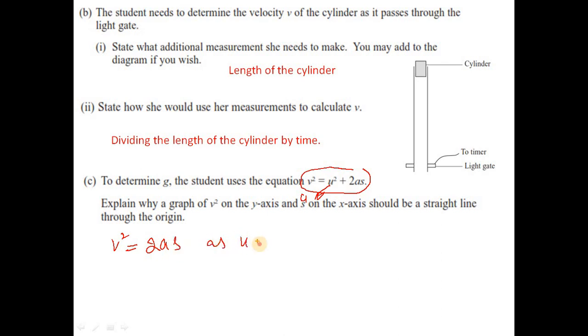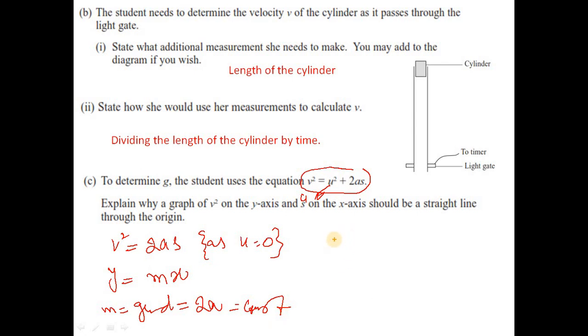Then you can compare this equation with y equal to mx, where m is the gradient of the line. In this case the gradient would be 2a, which is a constant.